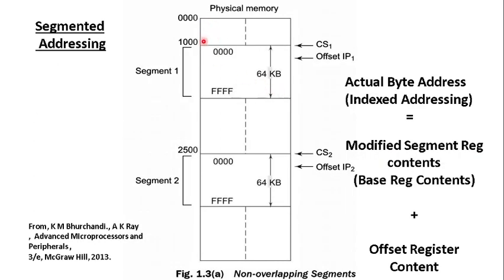The primary memory will be divided into many segments like code segment, data segment, etc. Each segment begins at a particular address and terminates at an address, and the segment start is well defined and it is stored in the segment register. Like if it is a code segment, the start of the code segment is stored in the code segment register.